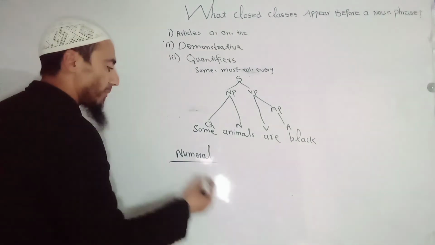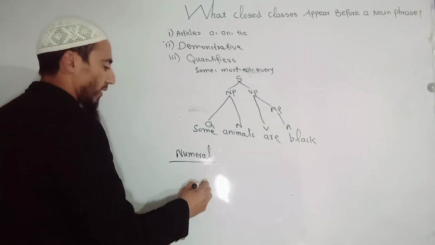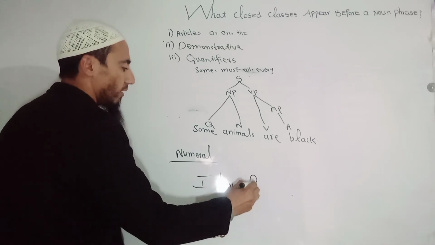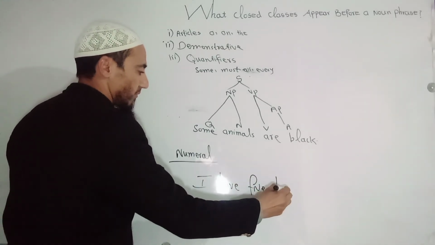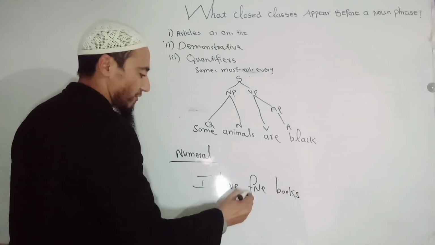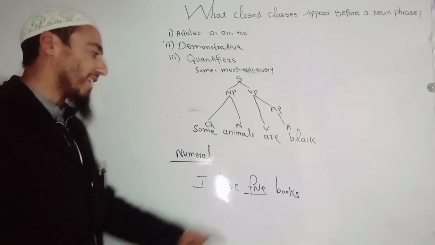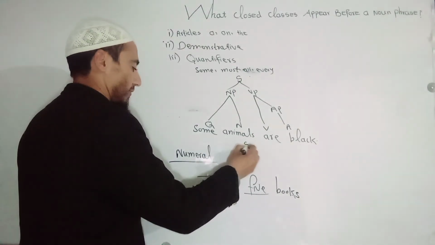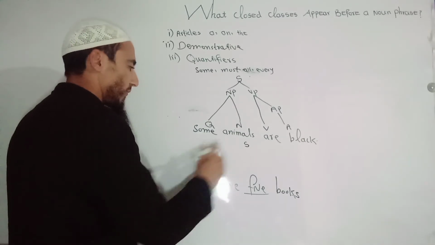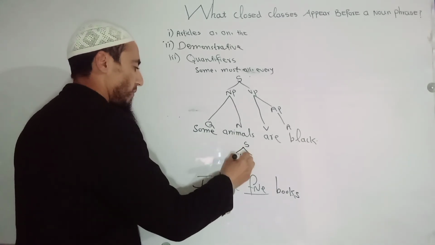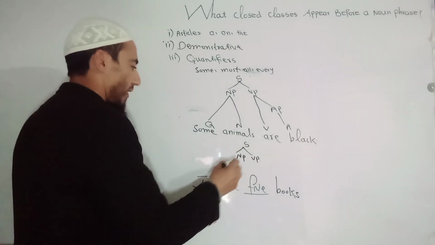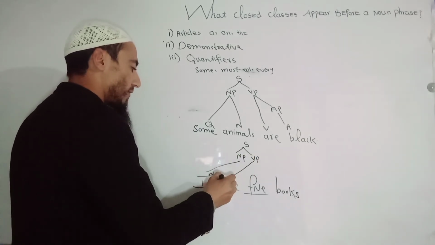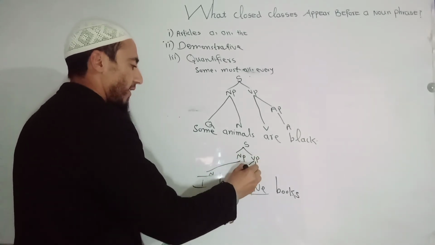Let me write one example about a numeral. I have 5 books. Here 5 is a numeral and it appears before a noun phrase. Okay. So the structure for the numeral is, we have NP and we have VP. NP, that is I, and have, that is V, and 5, that is numeral.